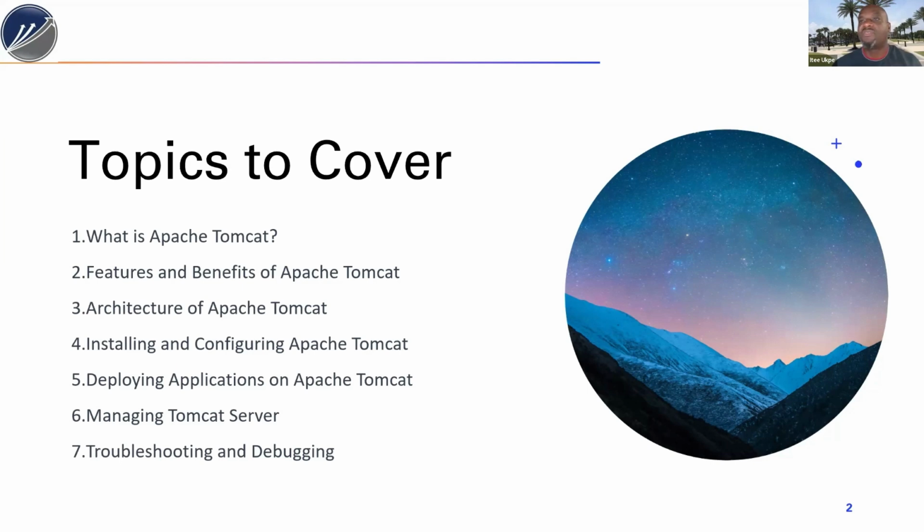These are the topics we're going to cover: features and benefits of Apache Tomcat, architecture of Tomcat, installing and configuring Tomcat. Then we'll do the deployment, and we look at how to manage Tomcat servers. And we take a stab at how to debug or troubleshoot if we have anything to fix. Okay. So in the last class, we did not have an in-depth study of Tomcat.